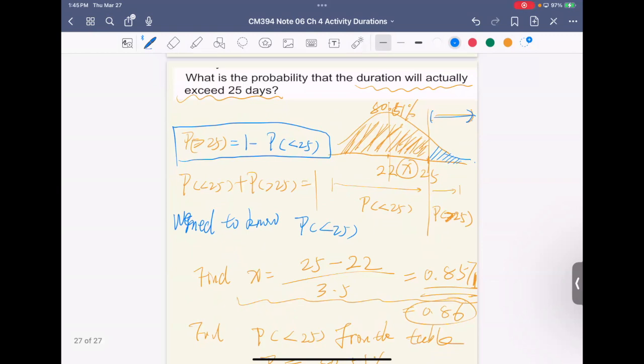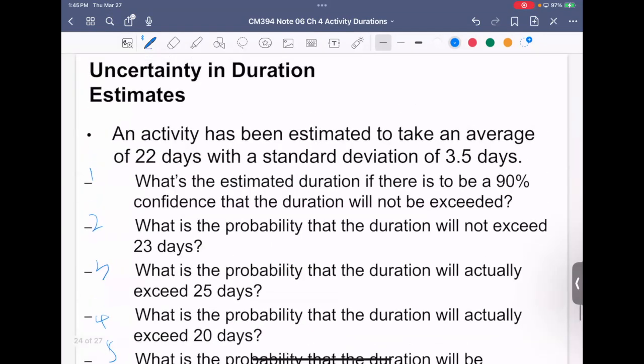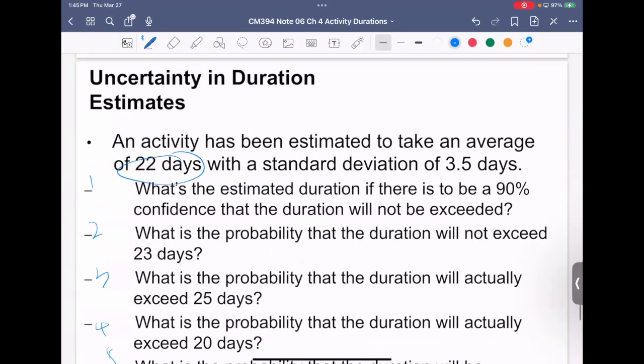What is 22? Finding X, this 22 is the mean. The mean is given at the beginning of the problem statement here. Does that make sense?